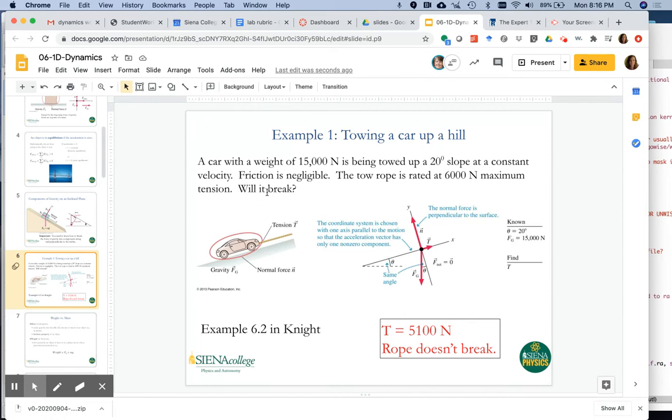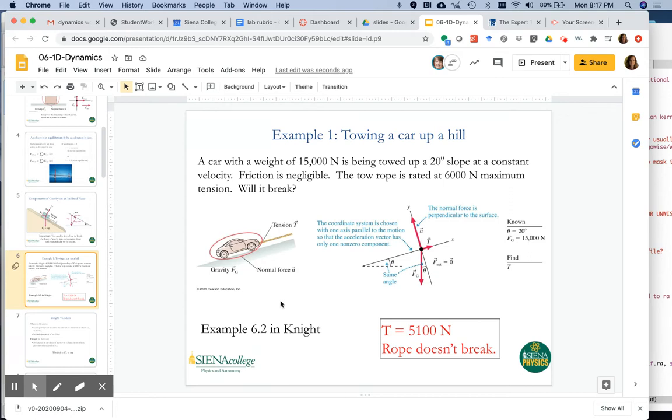Okay, so we have a car that is being towed up a hill. And this is actually an example from Knight, so you can look at the solution in Knight as well. So it's being towed up an incline that's at a 20-degree slope, and it's at a constant velocity, and friction is negligible. So the tow rope can hold a maximum of 6,000 newtons, and the question is, will it break?